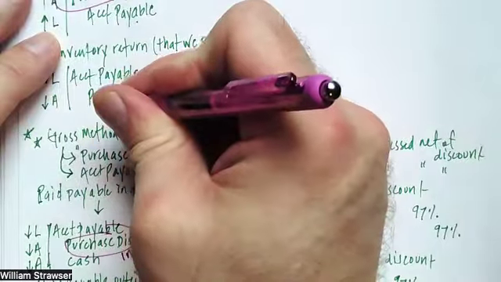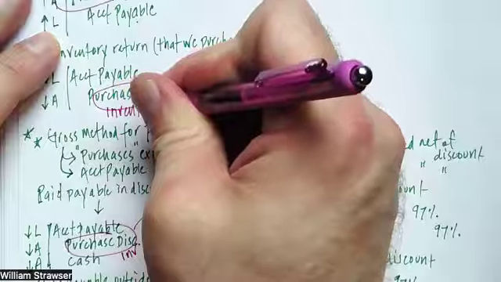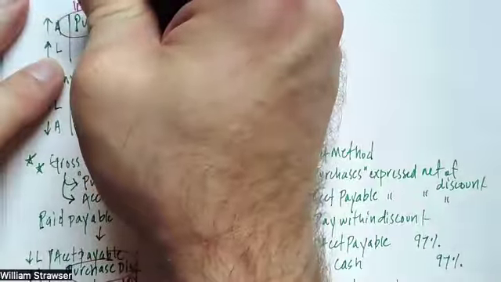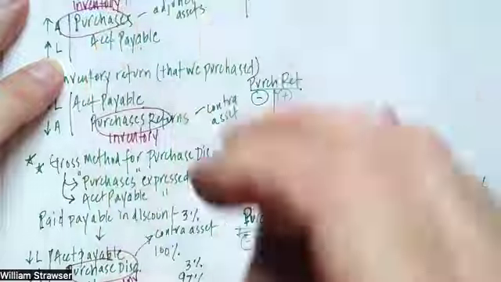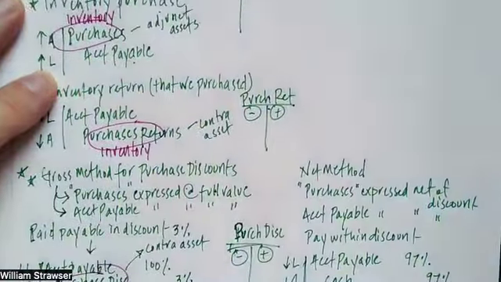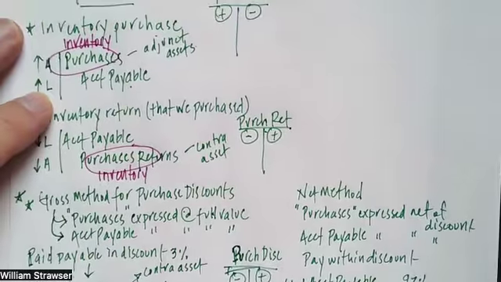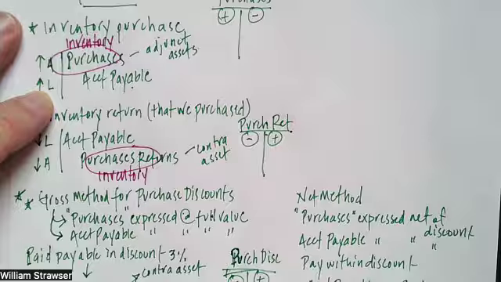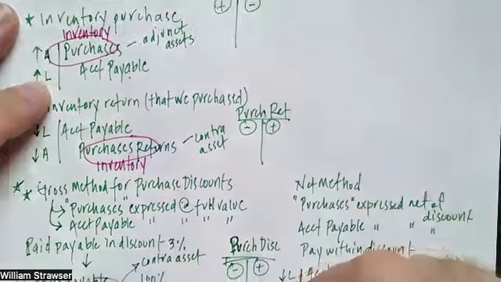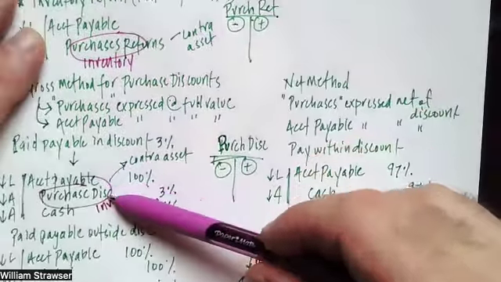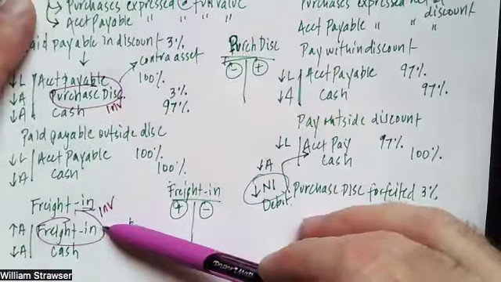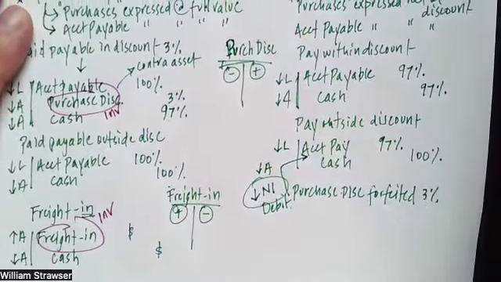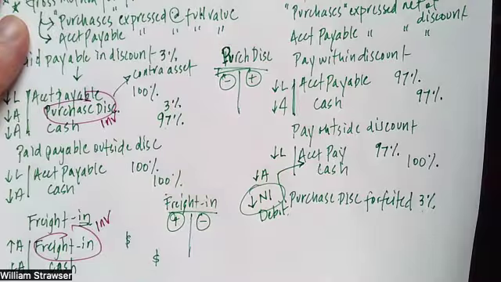Instead of crediting purchase returns, we credit inventory. And instead of debiting purchases, we debit inventory. So it becomes super easy to translate between the two systems when you know how to do it under the periodic system for sure. You learn these names, you learn their debit credit balances, whether they're contra or adjunct assets, and then that translation should come pretty easily.